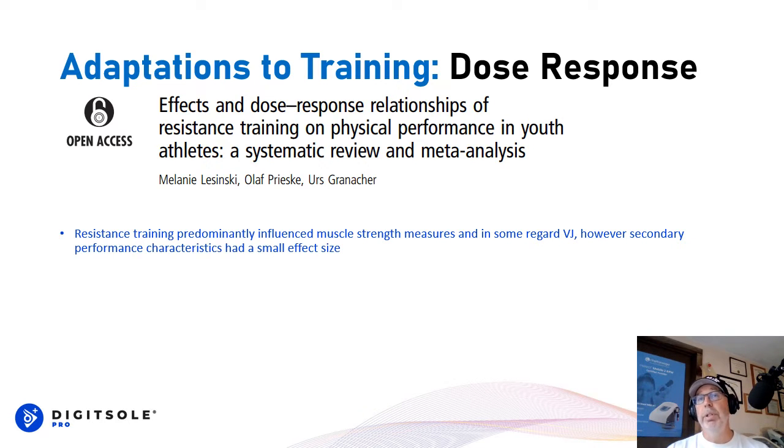So most of these are dealing with the strength aspect of things, like 1 repetition maximums in squats and bench press, but also vertical jump. So we are missing out on some of these other things, like there's not as much, for example, in a power clean. Or a metric like an isometric mid-thigh pull, not really that common, because you need some specialized equipment to be able to accomplish some of that.